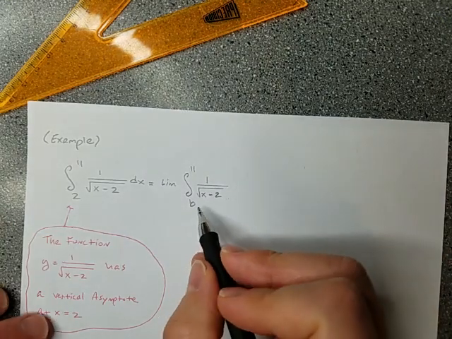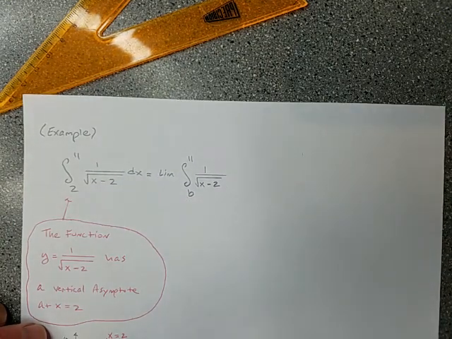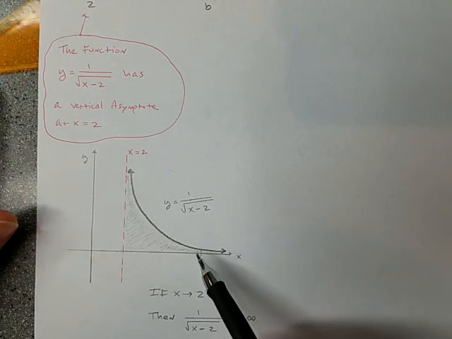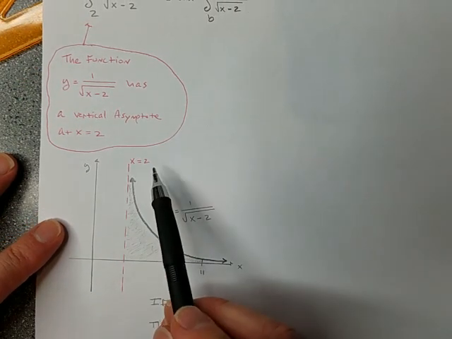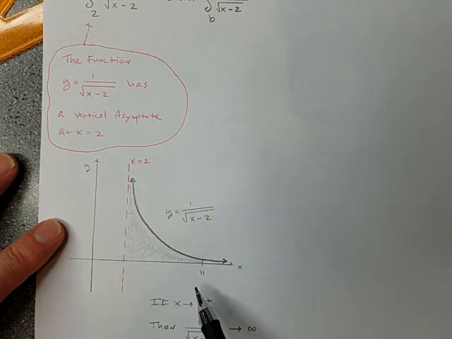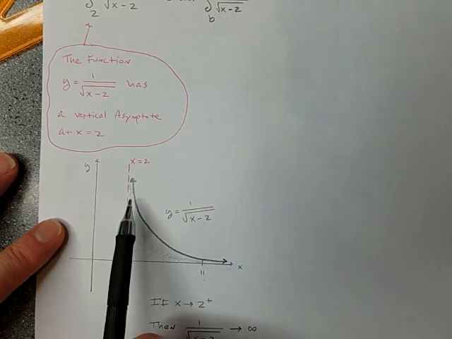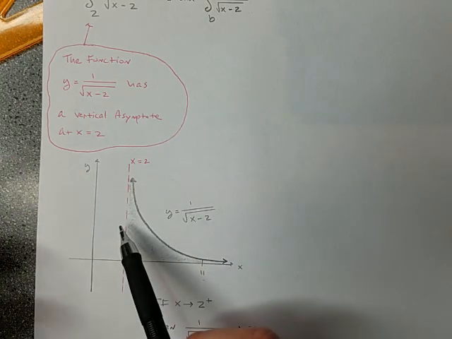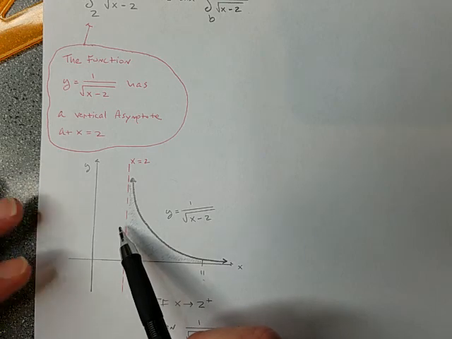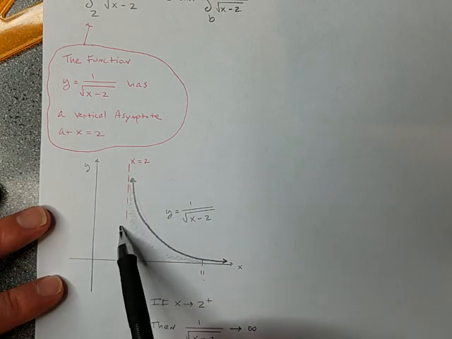But I want the b to do what? Think about it like this. I'm trying to measure all this area. I can't really measure from 2 to 11 because there's nothing at the 2. The 2 is not in the domain. But suppose you still wanted to measure all this.